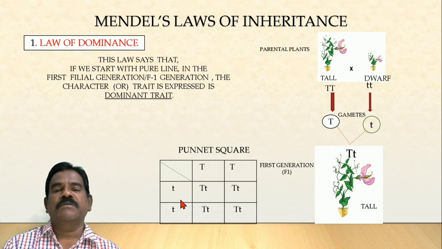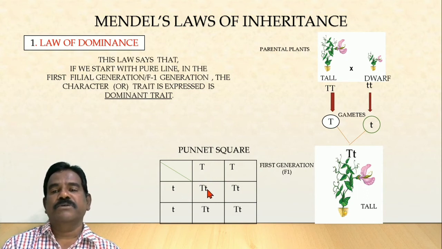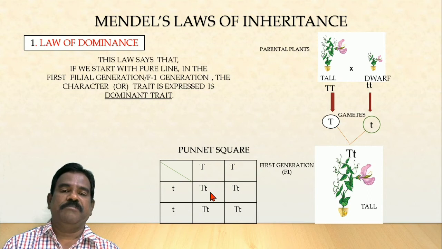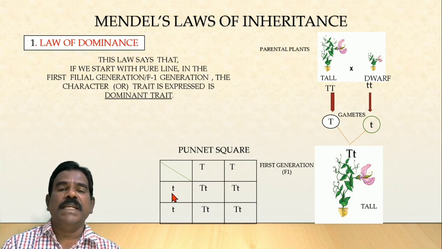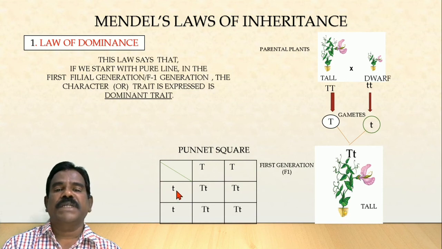So this Punnett square explains the possibilities of zygotes of the F1 generation. For example, if the male gamete with the tallness character, capital T, fuses with the female gamete with the dwarfness character, the resultant offspring is capital T, small t.